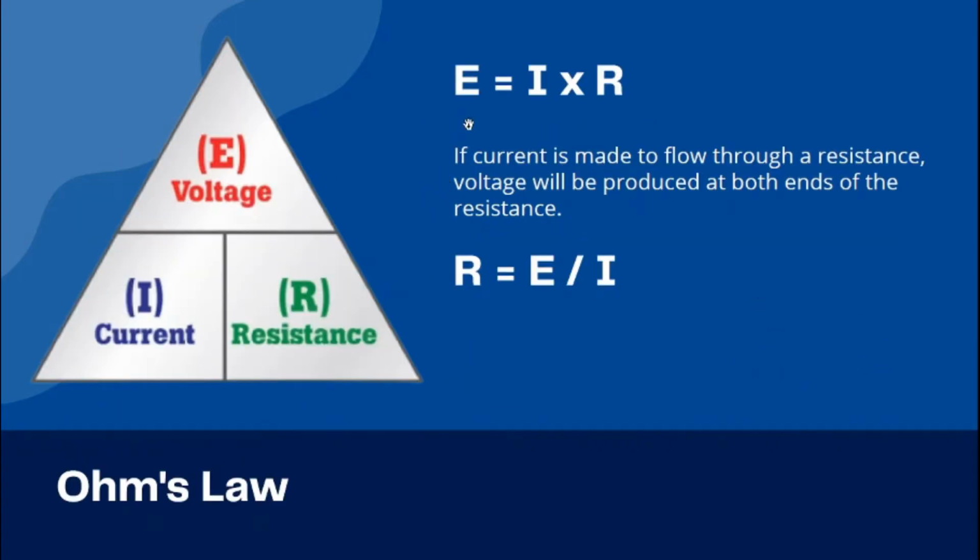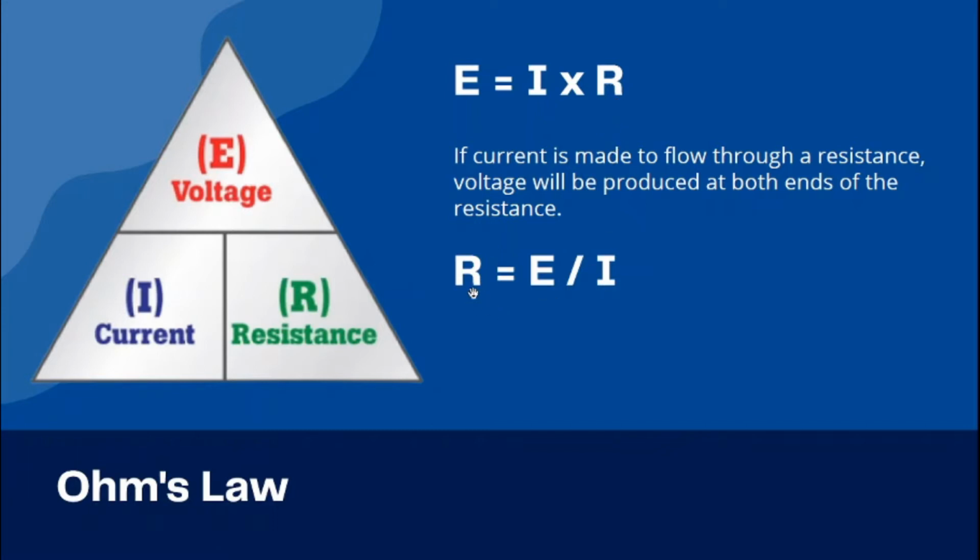We have here the variations of equation. So kanina, that was the equation kung solvo na to ang current. Okay? E over R daw. Kung solvon po na to ang voltage, it will be current times resistance. Okay?